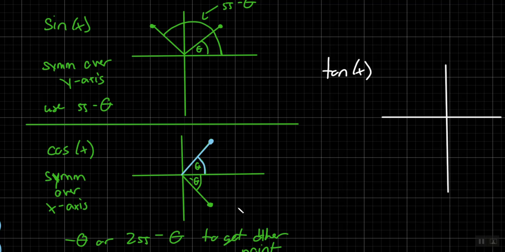This is all y values and this is all x values. So x is positive here and y is positive up there. Okay. Tangent. Up here, quadrant 1. Where is it also positive?